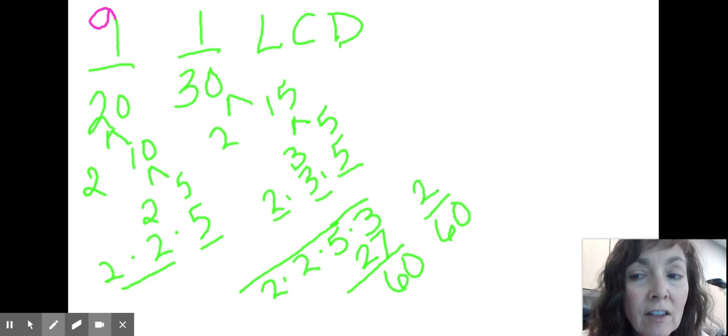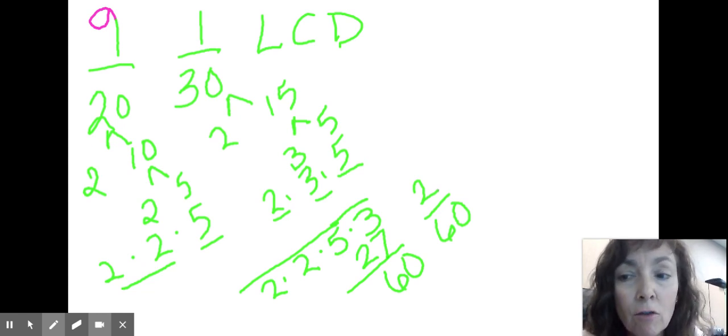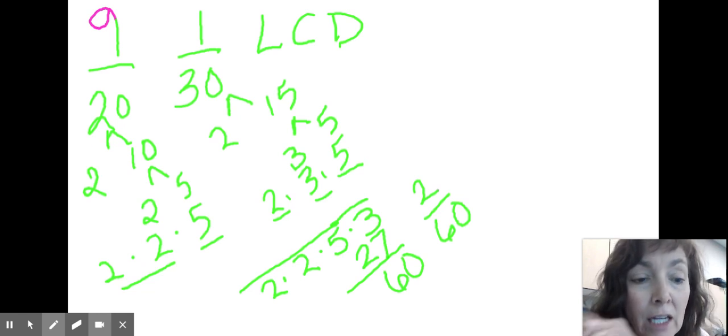So 27 60ths is the same as 9/20ths. 2 60ths is the same as 1/30th. Now, depending on what my problem was, I can add them or subtract them. I have now made my pizzas into pizzas that are cut into 60 pieces instead of one pizza that was cut into 20 and a different pizza that was cut into 30. So now I have equal size pieces.